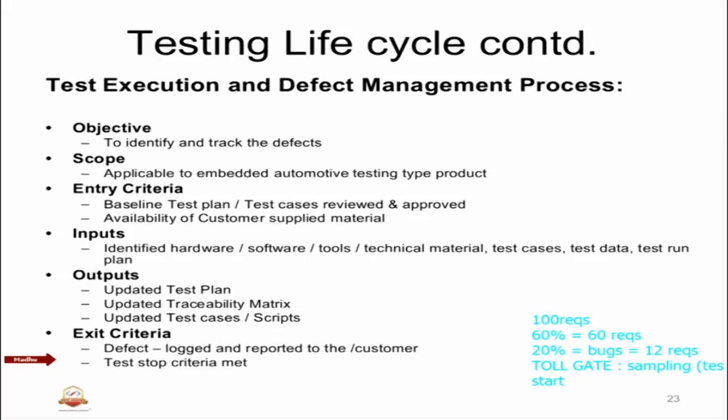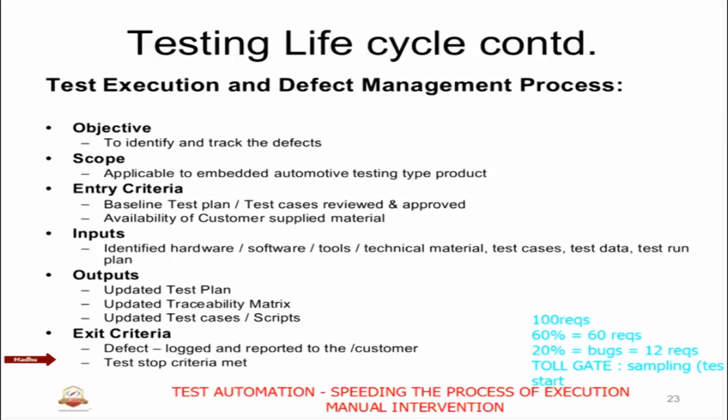It also helps in reducing manual intervention, and any defects that are due to manual errors can be avoided. That means the more you automate, the chance of injecting human errors is less. That is why we use automation.